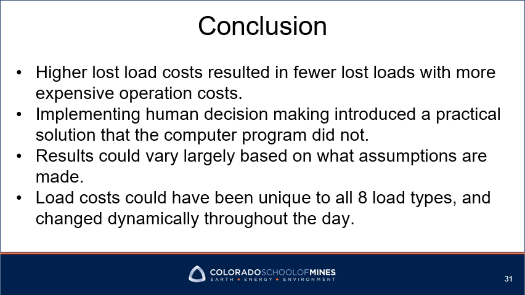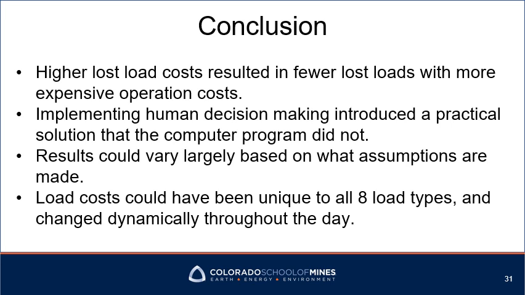And then the final large consequential factor is the load costs that we assign to loads. We aggregated all the load types into 3 loads. They are the critical loads, residential loads, and the others were all grouped into one type. However, we could have given different weights to all of those unique 8 load types.